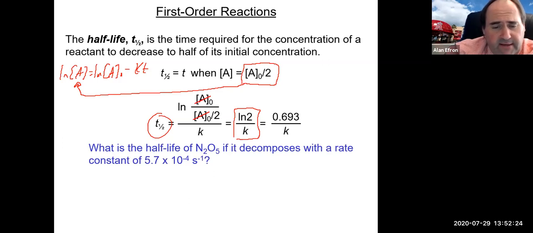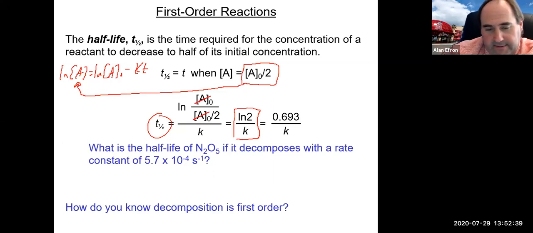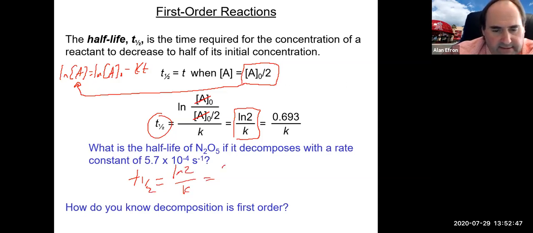So in this case, what is the half-life of N2O5 if it decomposes at a rate constant of 5.7 times 10 to the minus 4? We would just plug it in there. We would take our t1/2 equals natural log of 2 divided by k. And in this particular case, they gave us this.